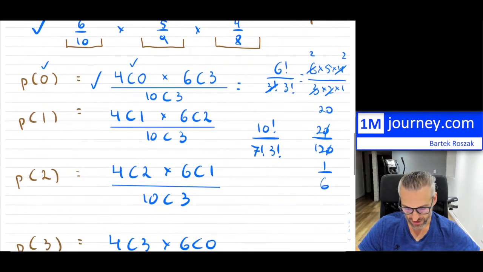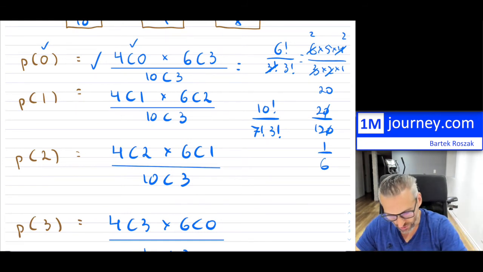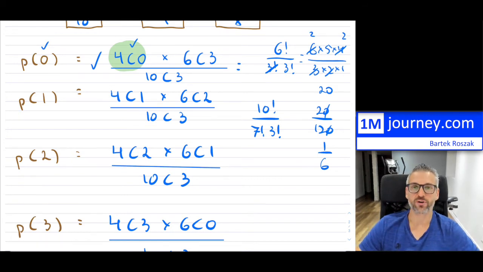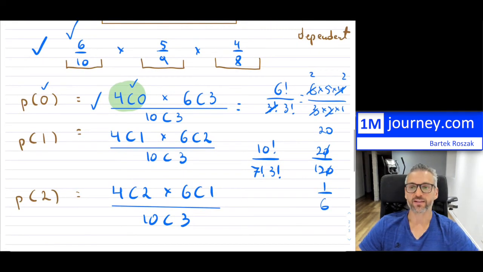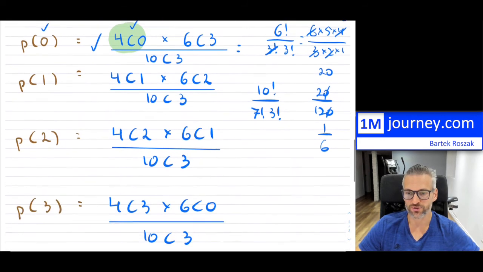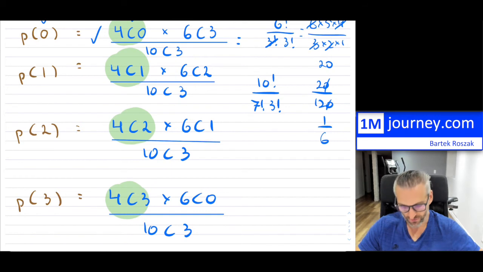So you will notice that there is a particular pattern here. You've labeled something as a success. So how many successes, or green balls, did we have? We had 4, and then you're choosing 0, 1, 2, and 3 of those.